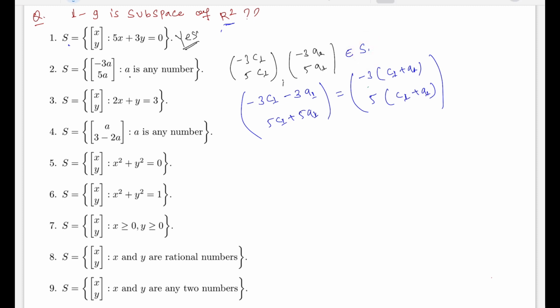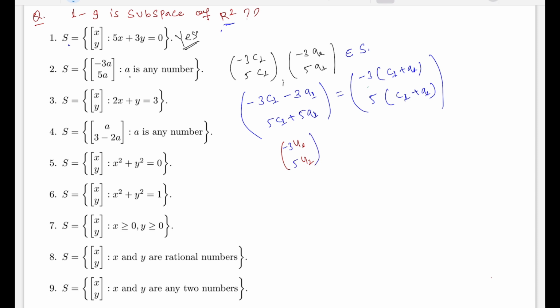Now I have to check the third condition, that it should also be closed under scalar multiplication. So if I take any vector, let's say u1 and u2, I cannot take it arbitrarily because the form needs to be there: -3 times, 5 times, right?